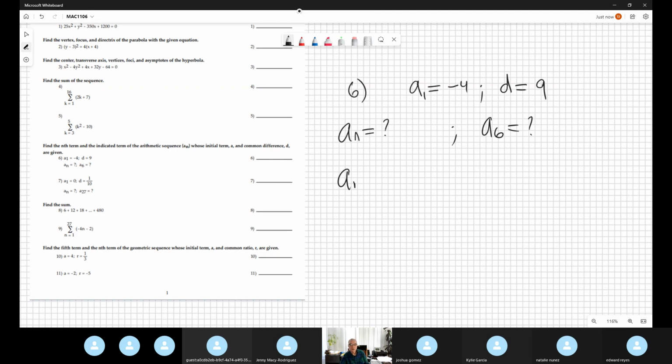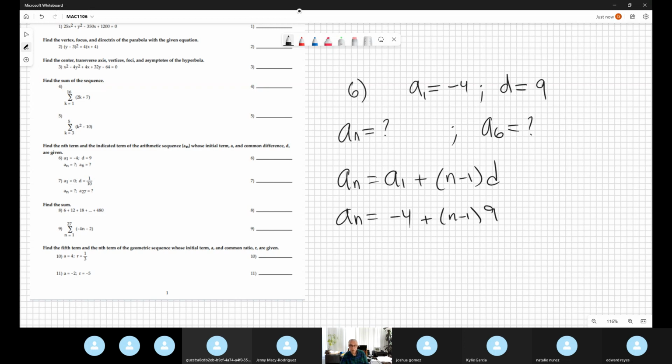The formula is easy. A sub n is equal to A1 plus n minus 1 times d. A sub n is equal to -4, the first term, plus n minus 1 multiplied by 9. And leave it like that? No, of course not.